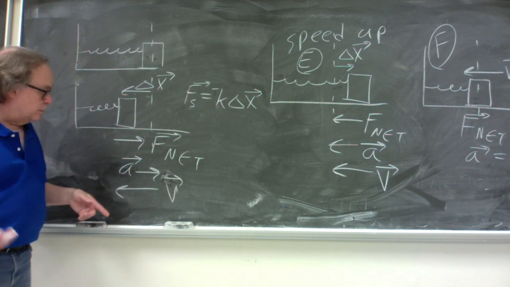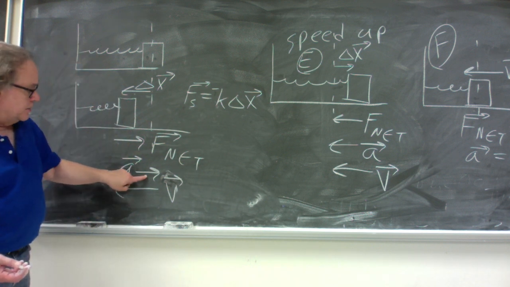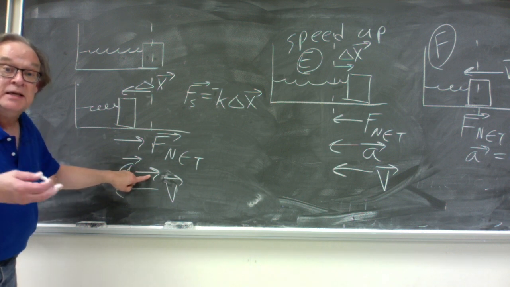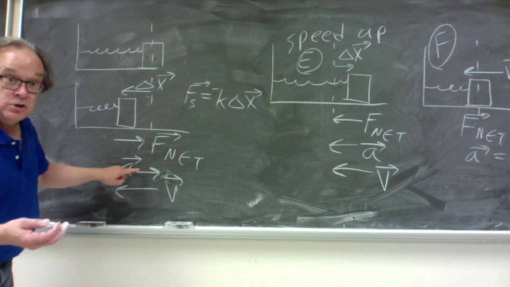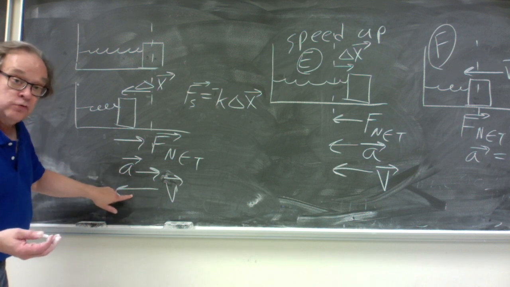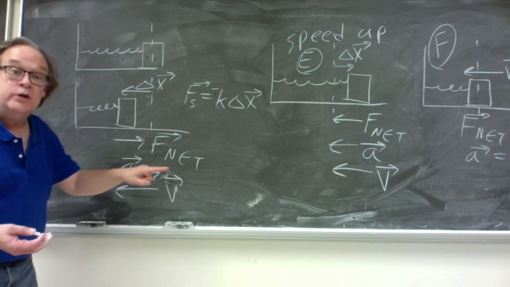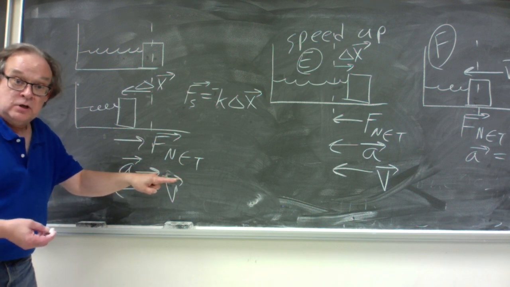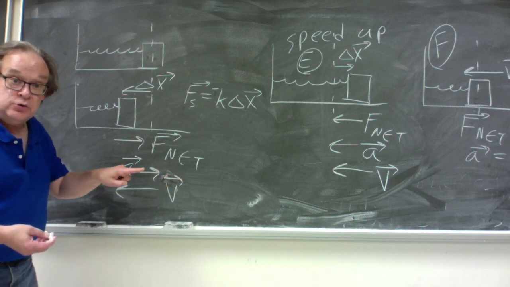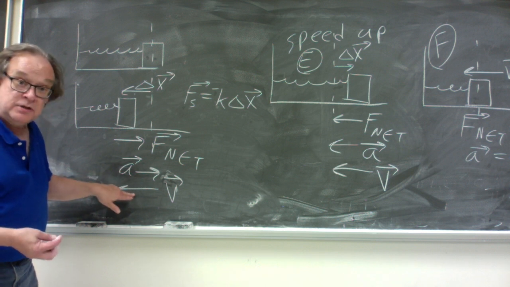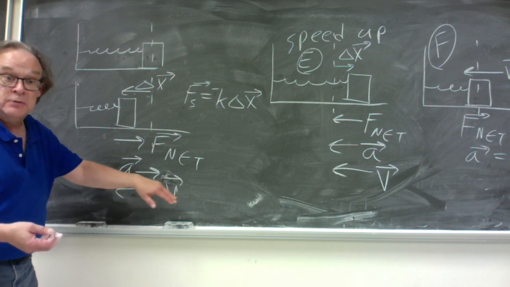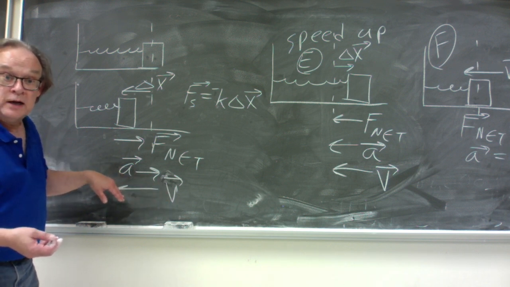Remember what's going on there. The direction of acceleration is the direction of velocity that is being added on. So you've got leftward velocity, but you're adding rightward velocity to it. The rightward velocity that you add onto the original leftward velocity has the effect of canceling out, diminishing some of the leftward velocity.